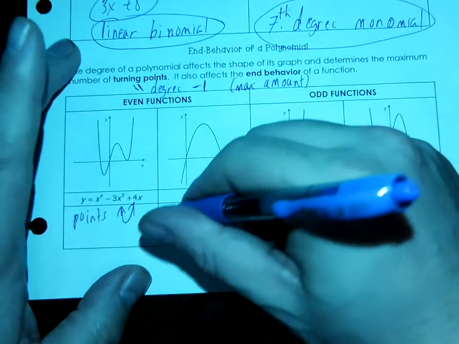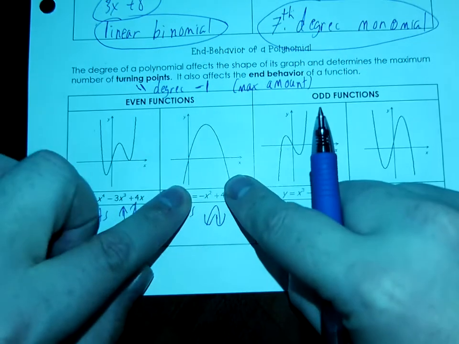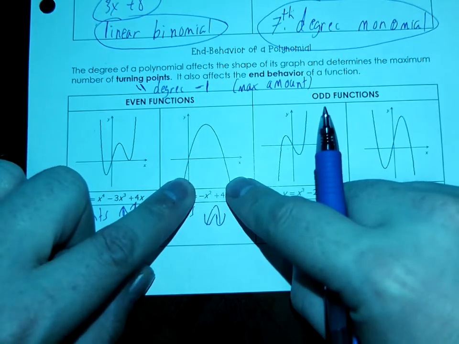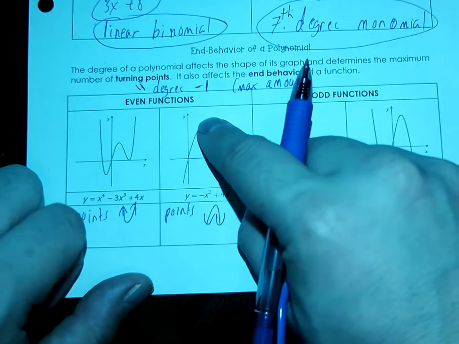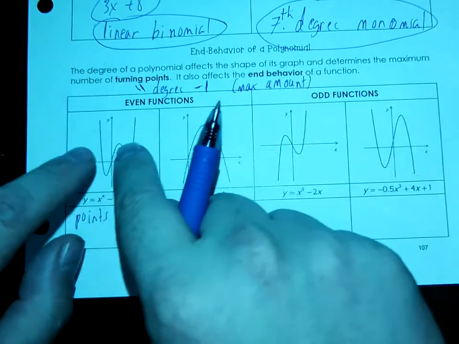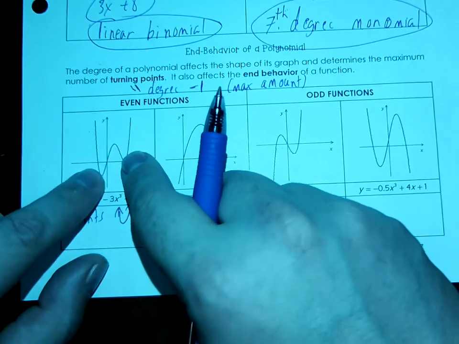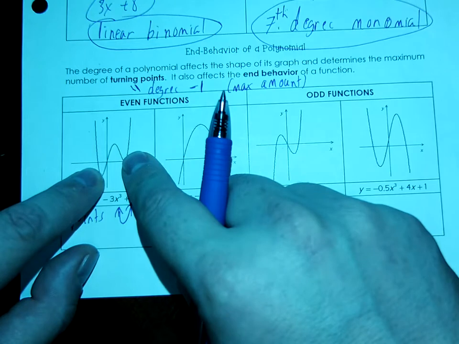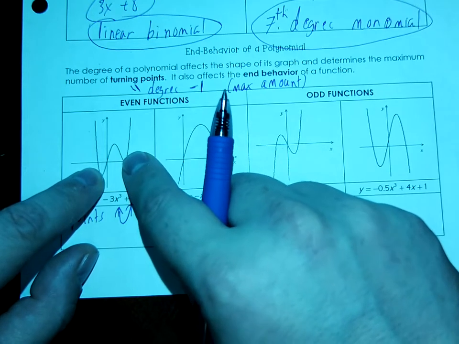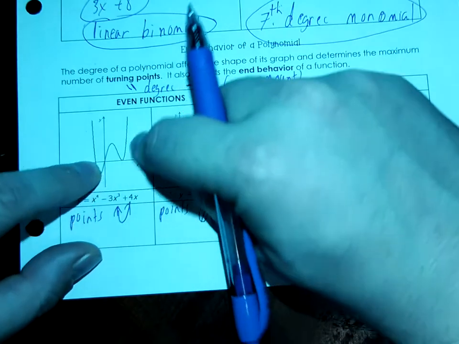This one points down. Both the ends point down. The ends meaning after the turning points. So it has 1 turning point here. After the turning point, they both point down. This one has a turning point in the middle and then 2 turning points after, the furthest from the middle turning point. So after these 2 turning points, they both point up.